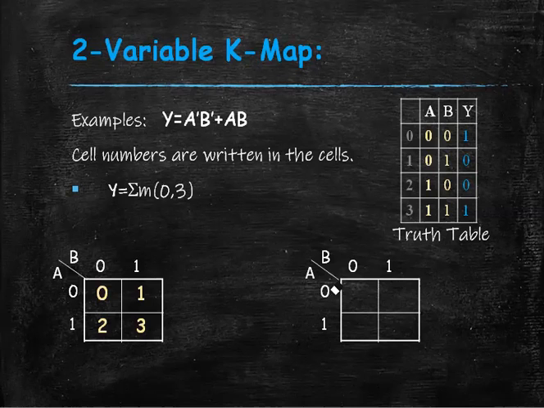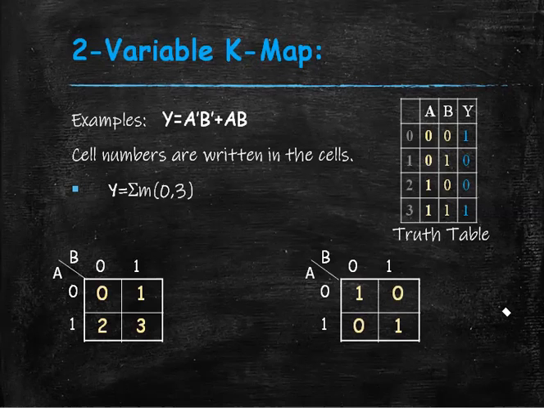Then look at these combinations, that is 0 0, here 1, and in the truth table we know that for 1 1 the output is also 1. Then for 0 0 put a 1 here, and for 1 1 also put a 1 here. The remaining two are 0.